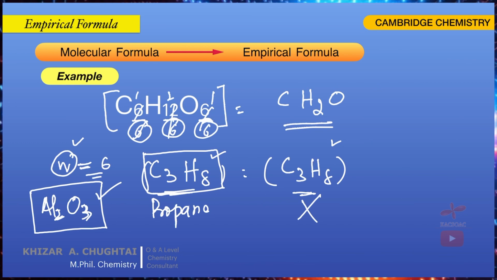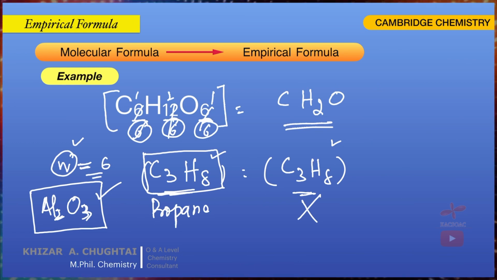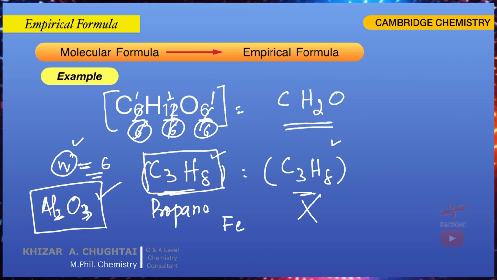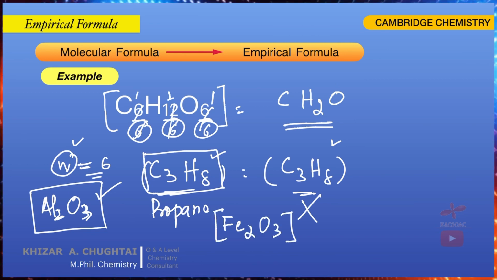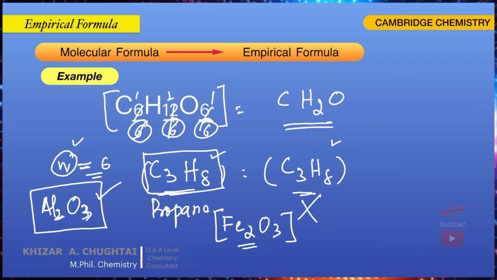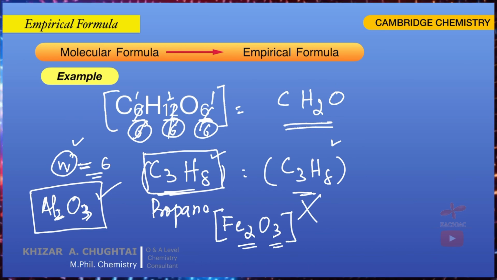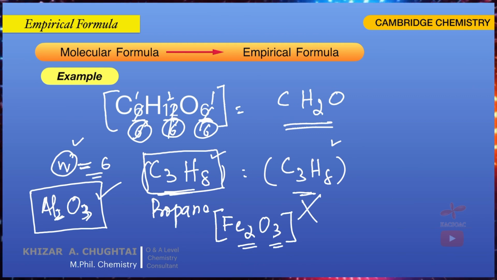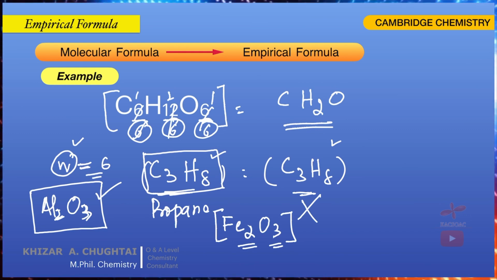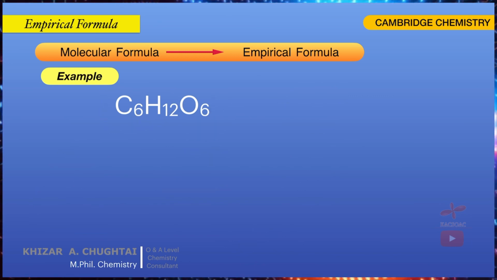Again, another example is Fe2O3, an ionic compound whose formula cannot be further simplified. So for ionic compounds you cannot make an empirical formula, because the formula already has the simplest whole number ratio. It has only one form, the formula unit.